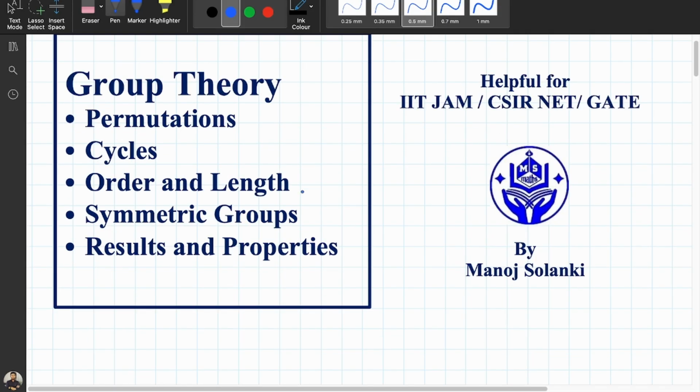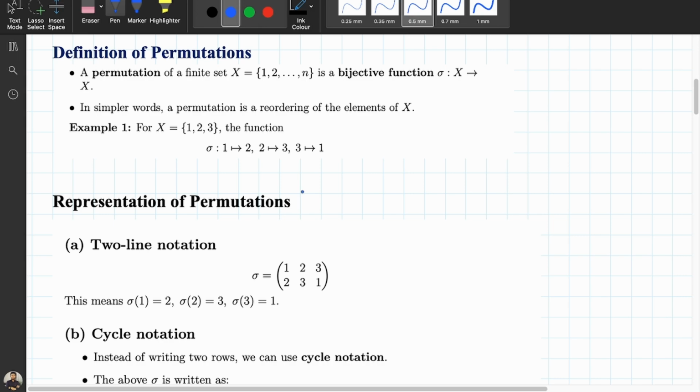So now, first of all, we'll discuss what permutations are, what is the meaning of permutation. By the definition, a permutation is nothing but a permutation of a finite set. If you have any set X equals 1 to n, a set containing natural numbers up to n, only up to n, then a map from 1 to n is a bijective function, which I have already discussed in the basics of group theory, available in the group theory playlist.